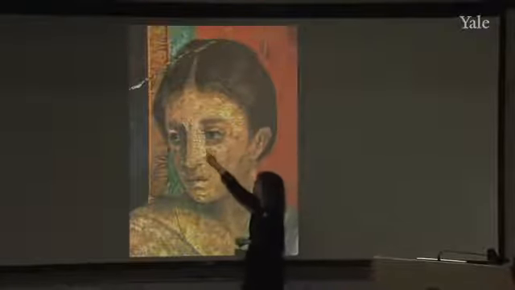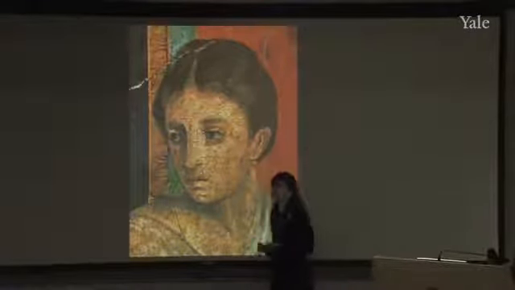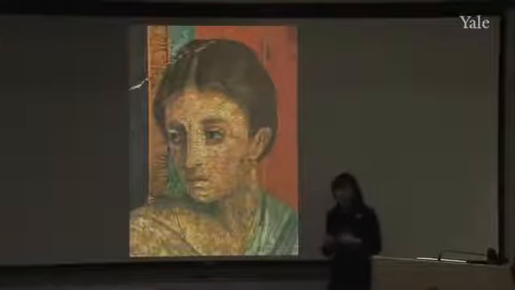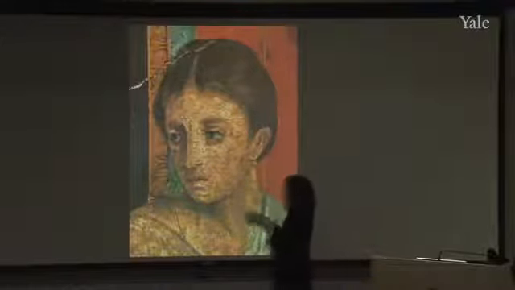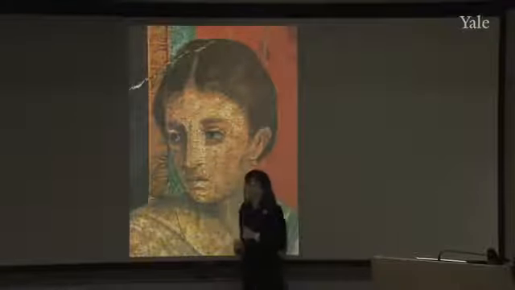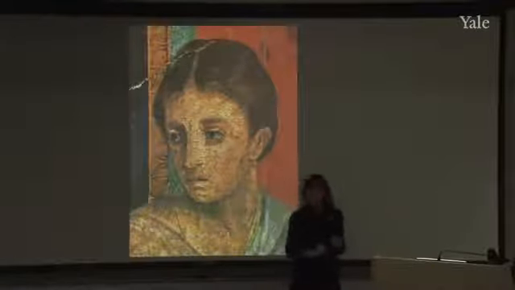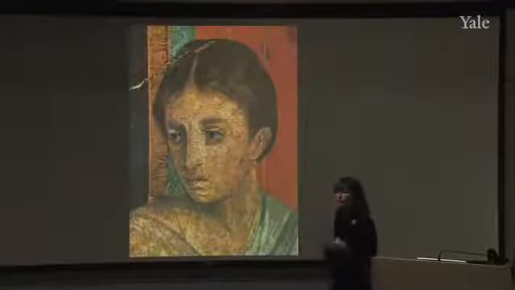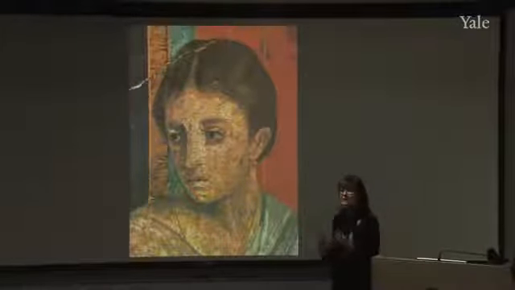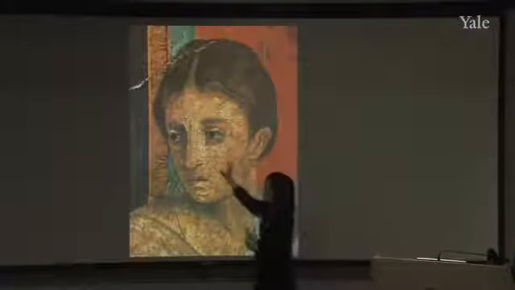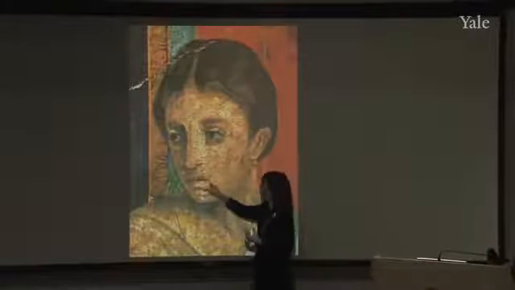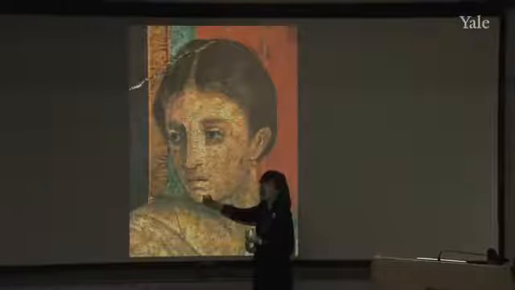The artist has paid a great deal of attention to her eyes, which are wide open and very nicely painted. But I get the sense that she is not only wide-eyed at what's going on, but also almost jaded. She's kind of seen it all. She has a sense of what the moment is and what is about to occur. Notice also the way in which her lips are slightly parted.